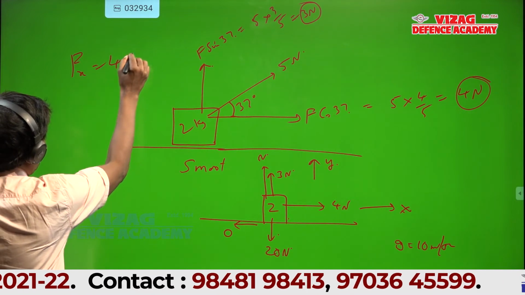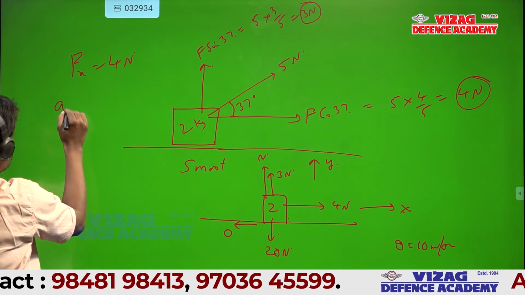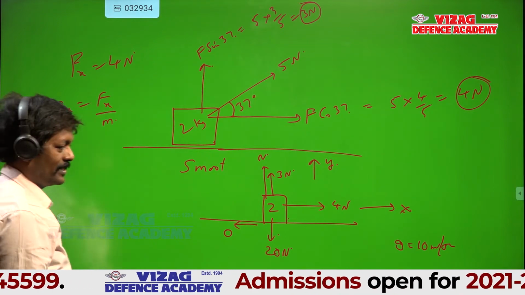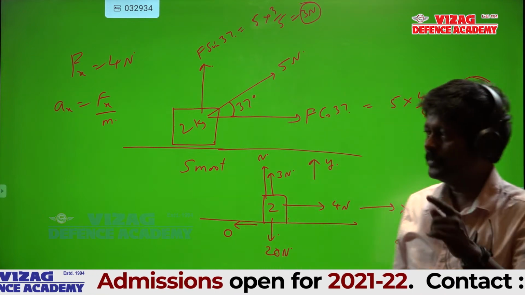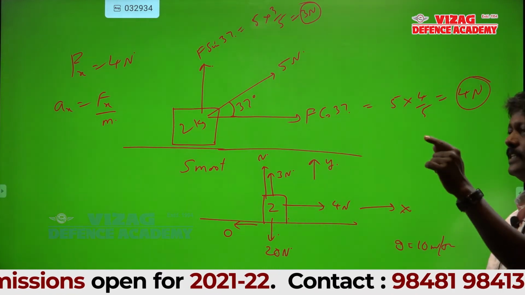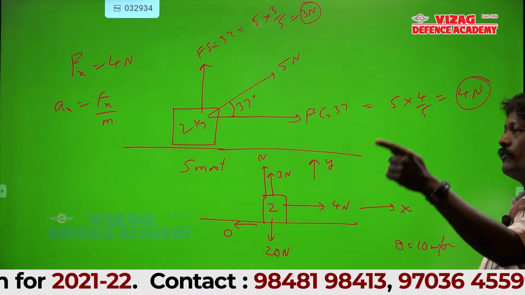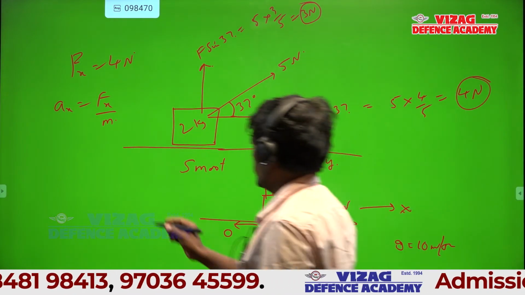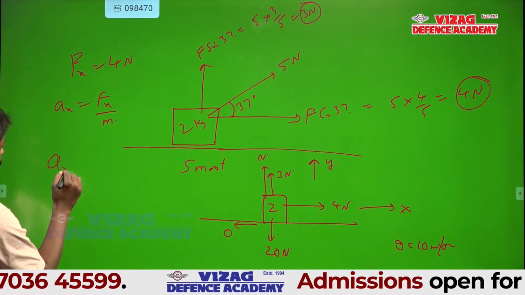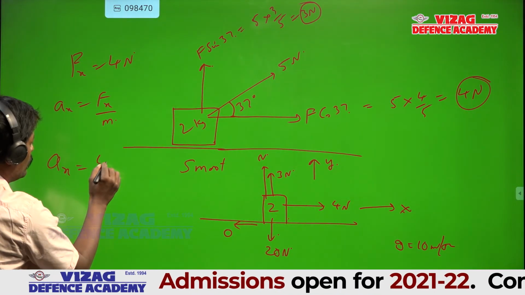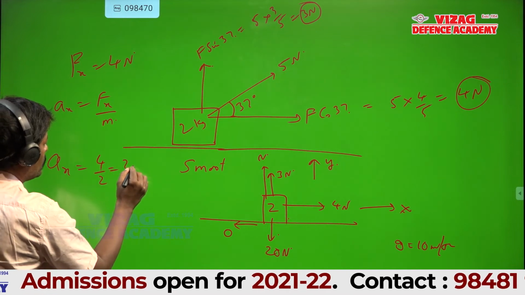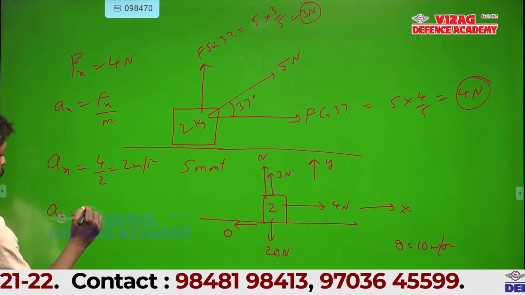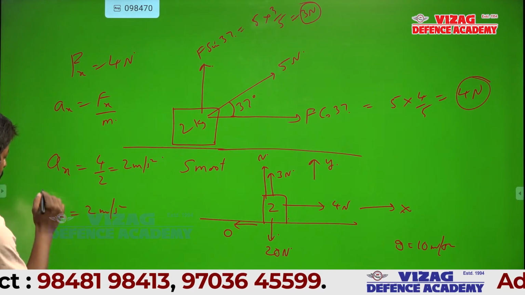Fx is 4 Newton. So Ax is Fx divided by mass, Newton's second law. That means acceleration in the x direction is equal to force in the x direction divided by mass. So what is the acceleration in the x direction? 4 by 2, that is 2 meter per second square.